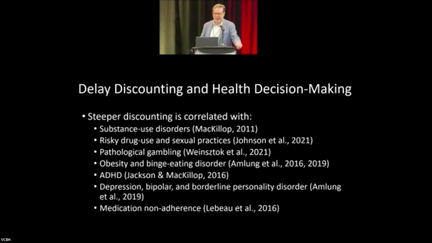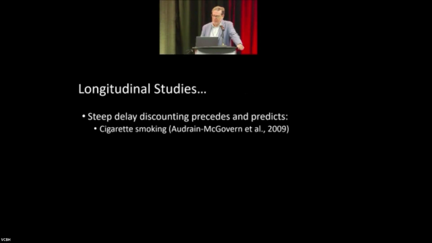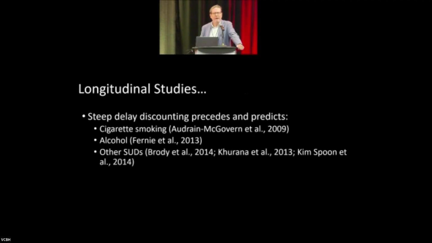Warren and I and Amy Odum did some work on risky drug use, like needle sharing activities, but also all of these other disorders that negatively impact human health. There's some evidence to suggest from longitudinal studies that the steep delay discounting comes first, and then subsequently leads to early cigarette smoking, early alcohol use, and other substance use disorders.